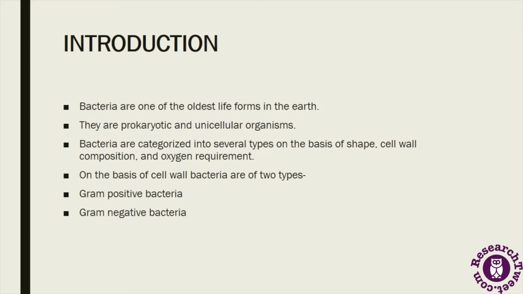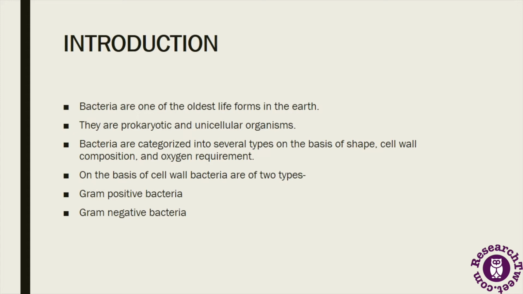The cell composition of bacteria is prokaryotic in nature, which means that bacteria lack several cytoplasmic organelles like mitochondria, endoplasmic reticulum and many other membrane-bound organelles found in eukaryotic cells. These prokaryotic cells also lack a well-defined nucleus. That's why they are considered prokaryotic organisms.